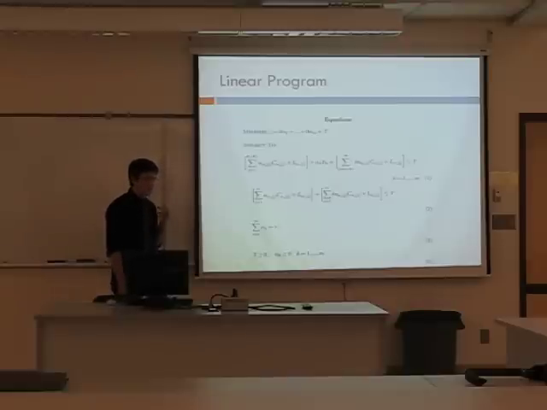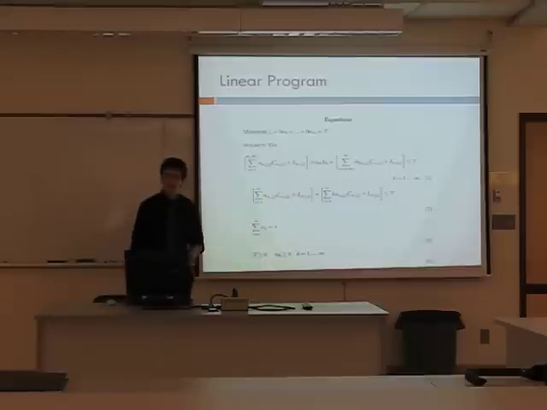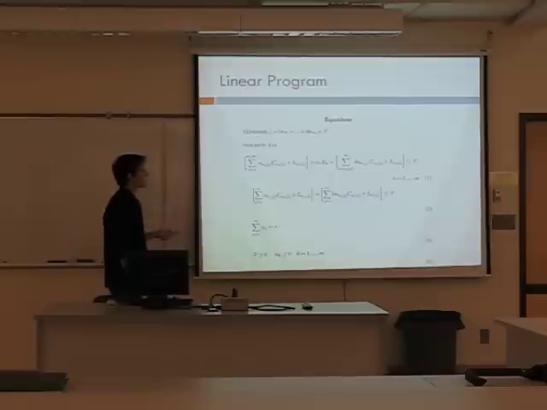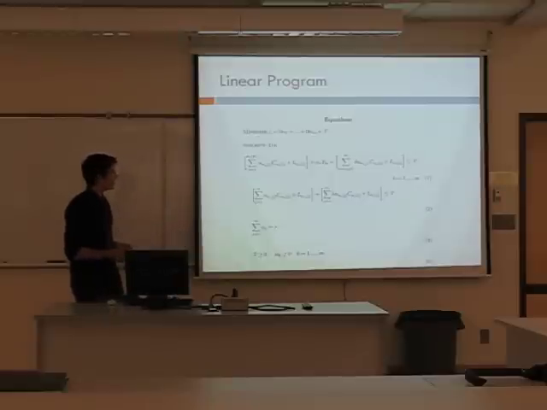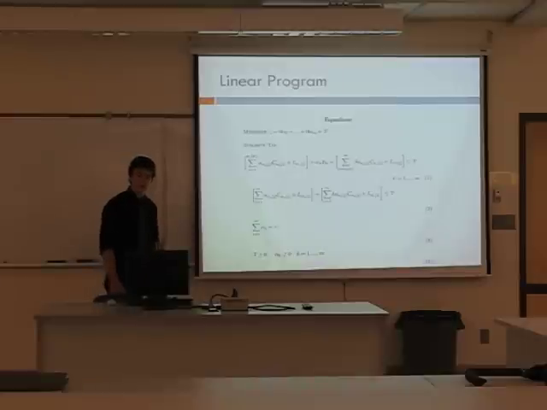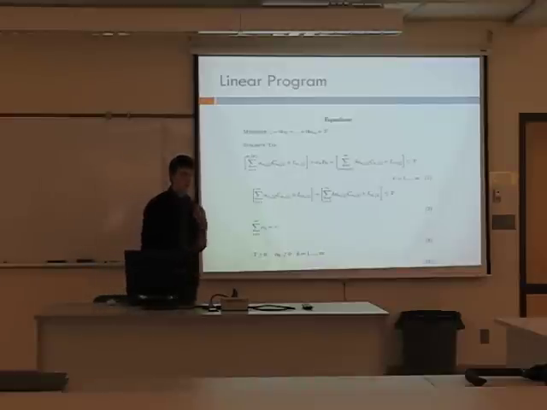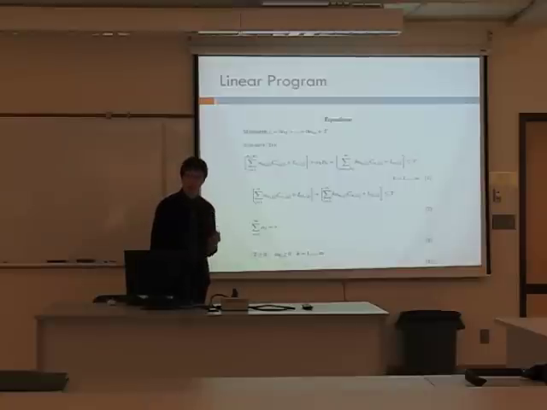So the divisible load scheduling algorithms that I've studied use what is known as a linear program solver. What is up on the board here, I'm not going to explain too much in detail, but it is a minimization problem that minimizes the time taken to compute a divisible load.